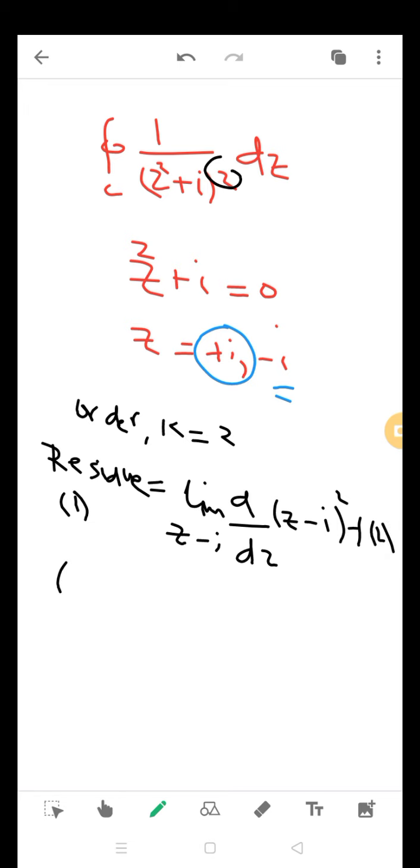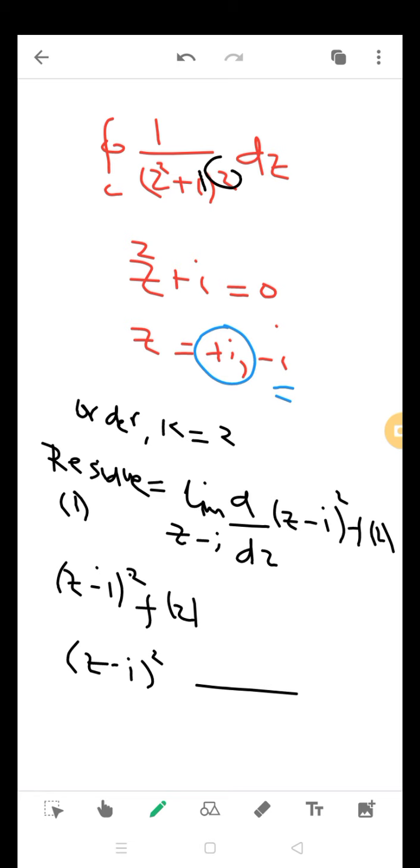Now this (z minus i) whole square into f(z) is basically equal to (z minus i) whole square, and we can write 1 by (z plus i) whole square into (z minus i) whole square.